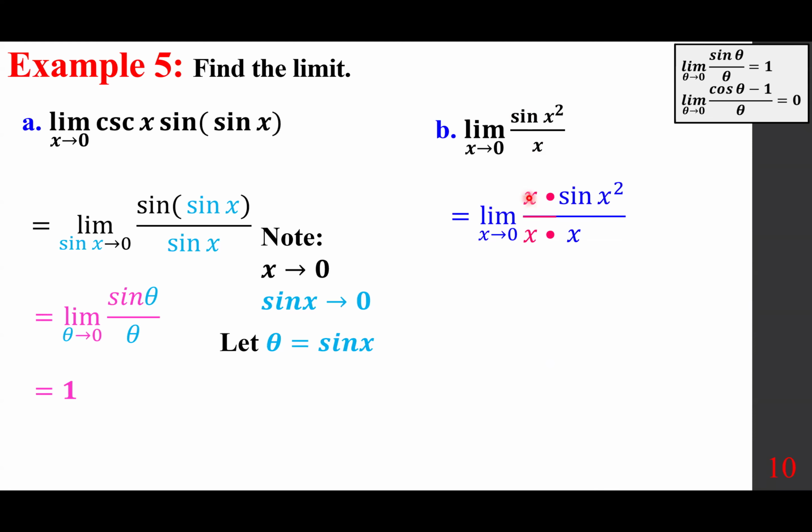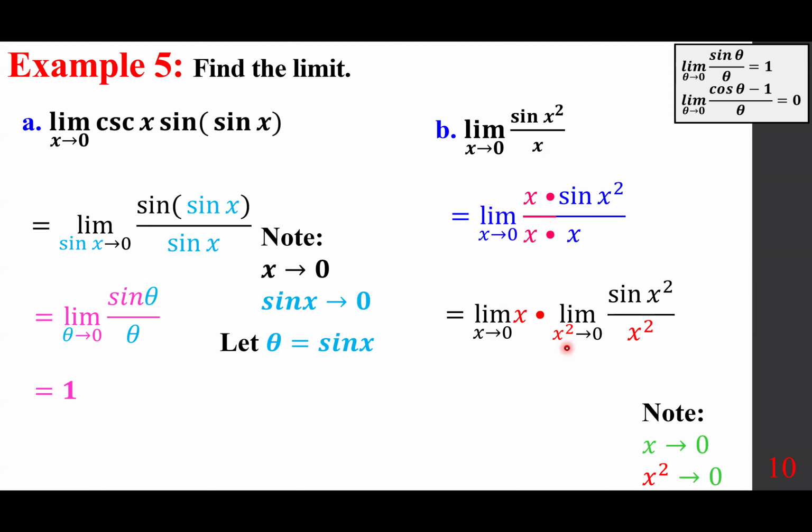Now, you take the x out, and you take the limit of x as x approaches 0 and the limit of the rest of it, which is sine x squared over x squared as x approaches 0. So let me make sure we understand what happened here. This one, limit of x as x approaches 0. The rest of it, limit of sine x squared over x squared as x squared approaches 0.